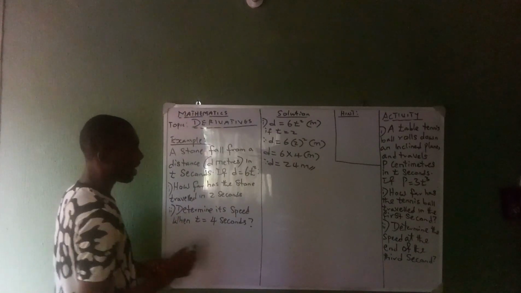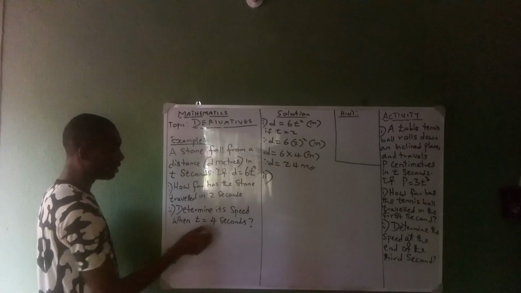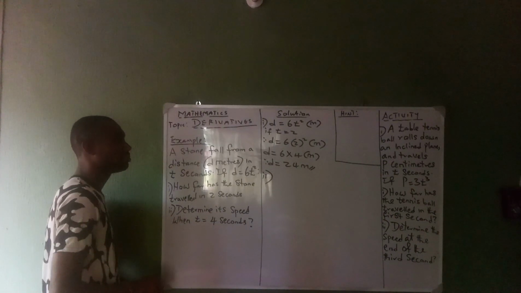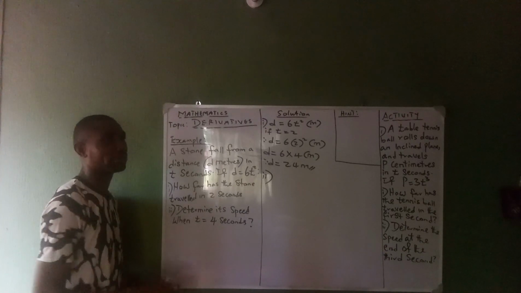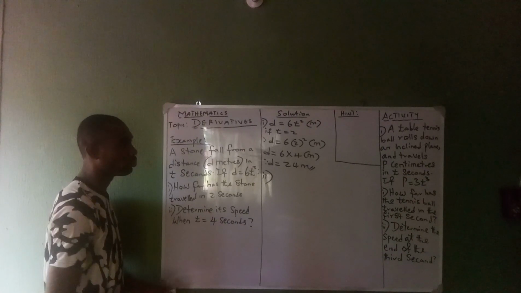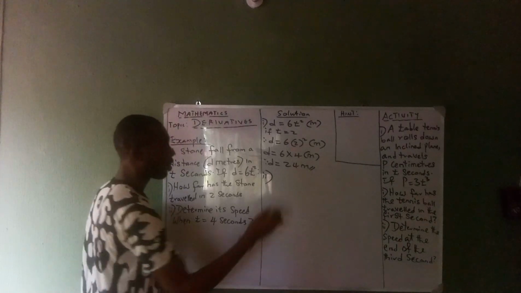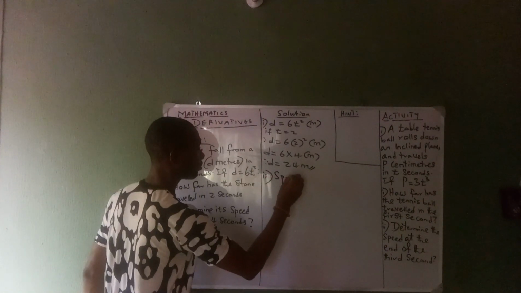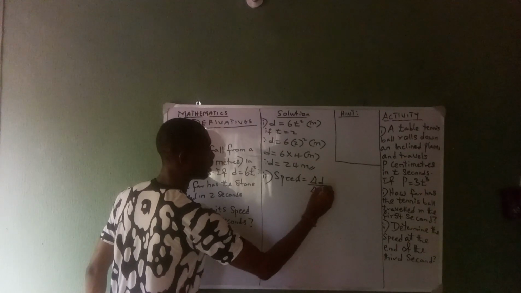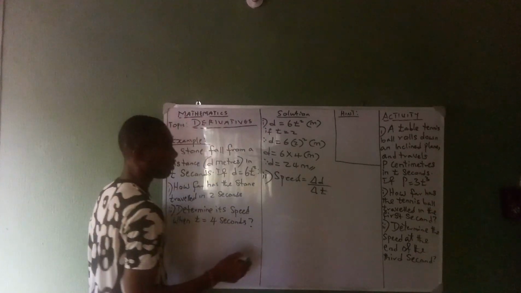Now, in solving the second part of the problem, it says we should determine its speed when t is equal to 4 seconds. Now, remember that speed can be seen as an aspect of a graphical method. Under the graphical method, when you plot the graph of distance against time, we have speed equals change in distance over change in time.